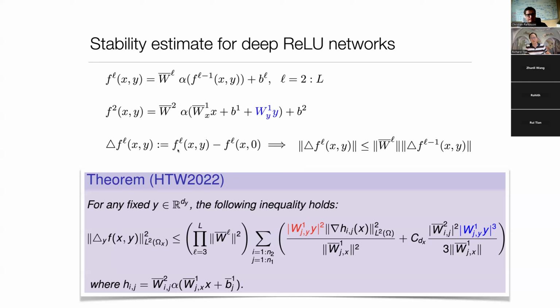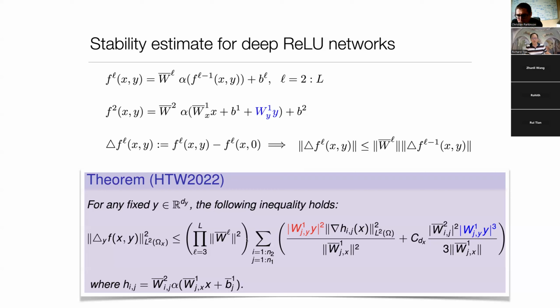So we would like to get an estimate of this difference, and because of the recursive structure of your neural network, you can come up with an inequality like this. Then you can stack them up and follow through to the last layer, and we're able to have the following proof, where the L2 norm squared of this change in the final output is bounded above by the expressions on the right-hand side.